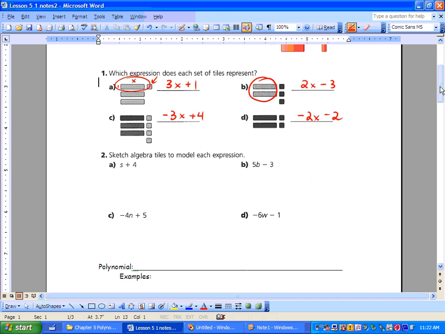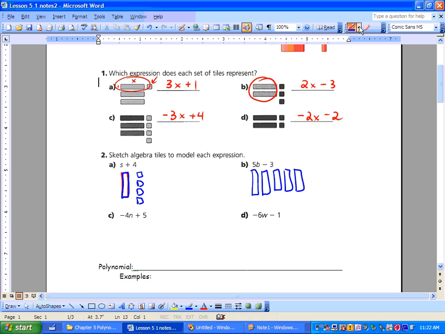All right. Now let's sketch these tiles to model each expression. Well, it doesn't matter what variable we use. We could put any letter in there we wanted. It's going to look like this. We've got a 3. I'm going to use a different color actually, just so we know it's positive. And we've got 1, 2, 3, 4, 5b. Notice how it's a different variable. 1, 2, 3, 4, 5.